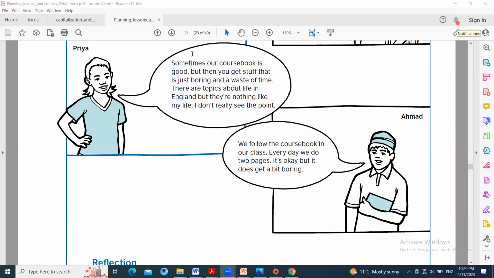Here we can think of Priya. We can say some of the coursebook materials is not interesting or relevant for Priya. Sometimes Arab students need something connected with their culture, or some type of information that is connected with their culture.